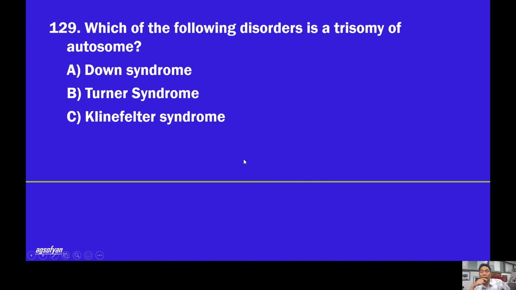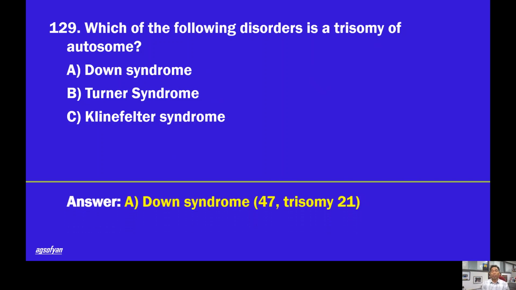Which of the following disorders is a trisomy of autosome? Down syndrome, Turner syndrome, or Klinefelter syndrome? Choose your answer. The answer is Down syndrome, because this trisomy is present in chromosome number 21, so it is an autosome, not a sex chromosome.